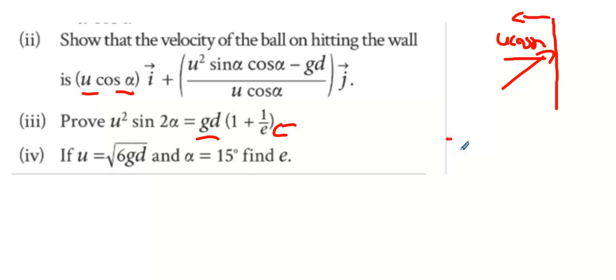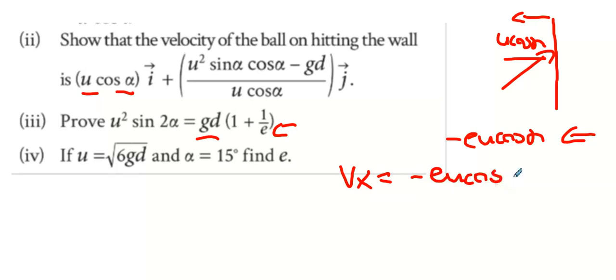Minus e u cos a, going to the left. What happens to the j value? The j value is unaffected. So, here's what we're looking at from our equations. Your v x is now minus e u cos a.